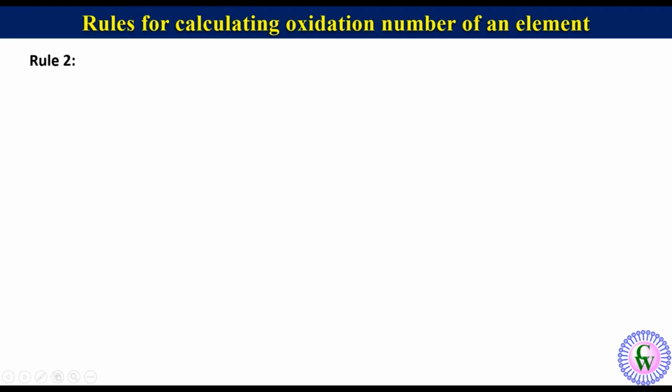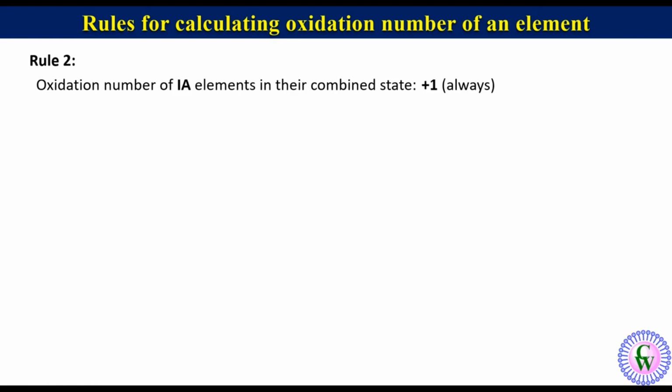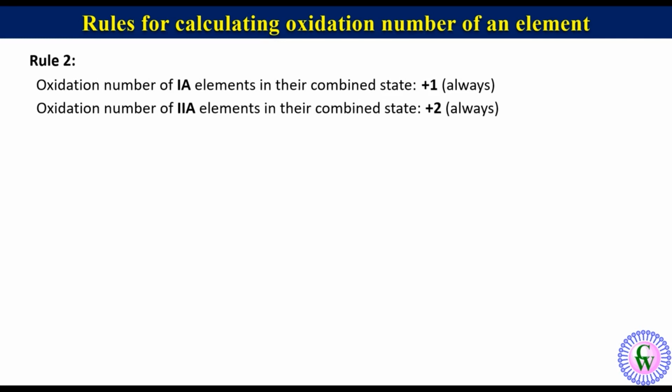Rule number 2. This rule is related to the oxidation number of first A and second A group elements. According to this rule, the oxidation number of first A group elements in combined state is always +1, while that of second A group elements is always +2.